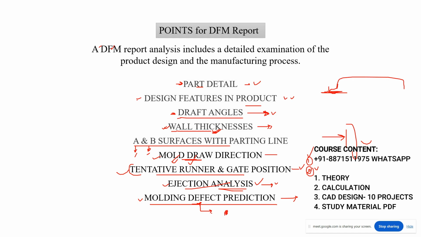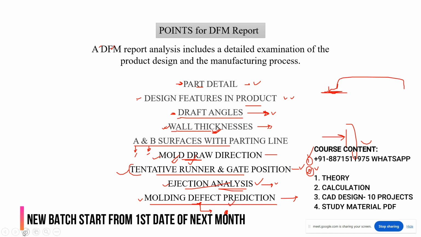Yesterday we discussed weld line, warpage, voids, vacuum voids and sink mark, right? All of these are types of defects. So we have to predict with the flow analysis software that this type of defect can be produced in the component. So we have to take the prediction of that, right?